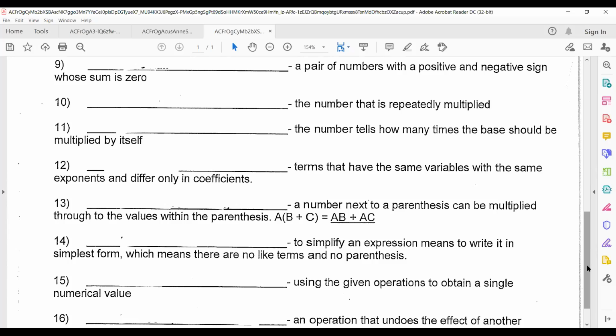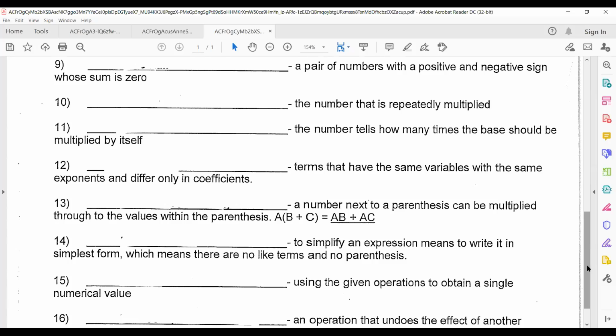What it means is we're distributing that term that's outside the parentheses. That's another way to show multiplication. In this example, here, A times the quantity B plus C, A times B, added to A times C. We're distributing that A by multiplication, because we got to multiply it against every term that's inside the parentheses.